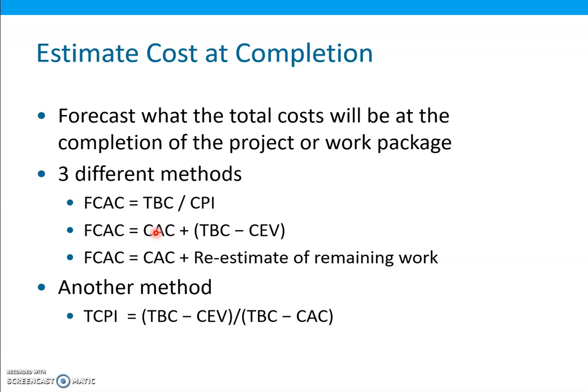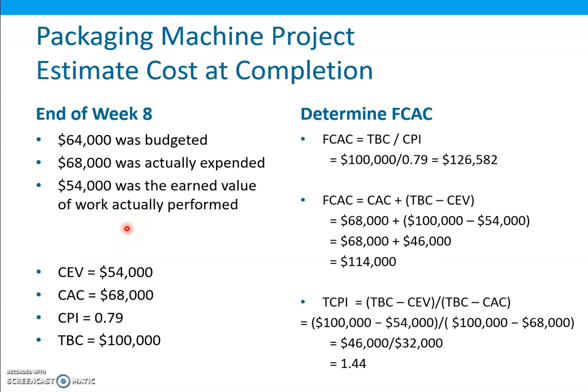That will give us this second formula. In the second formula, we assume that for the remaining work, we will follow our original plan. So for this second formula, the forecasted cost at completion will be $114,000 because cumulative actual cost was $68,000.